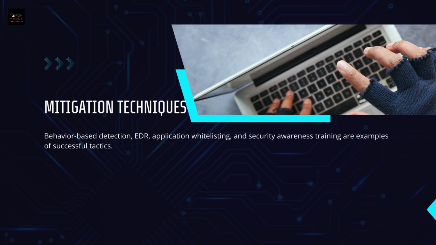So, mitigation techniques. Behavior-based detection (EDR), application whitelisting, and security awareness training are examples of successful tactics. These techniques can help us lower the possibility of cyber attacks happening on a particular organization or a particular person, just as we discussed in the University of Utah hospital cases, like what we did exactly over there.